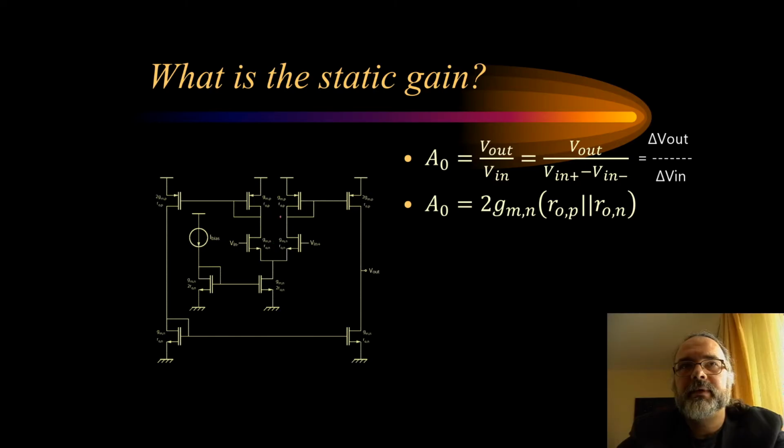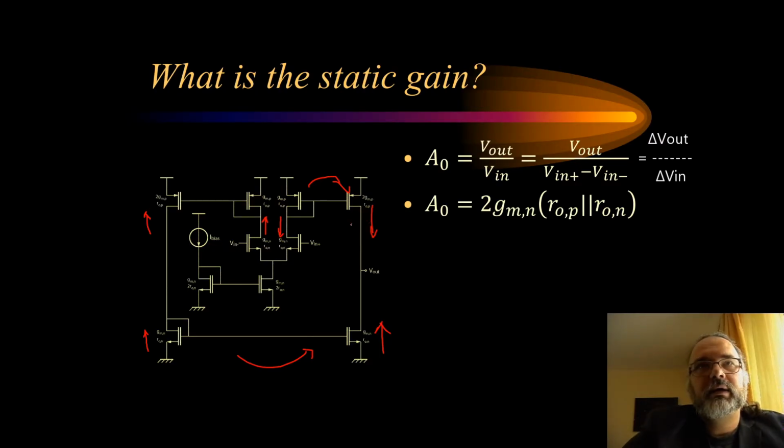Let's recap. This imbalance in the currents is copied to unbalance here. This current is copied here, and this current is simply GM and delta V in, and this current is the same, so the difference of the two currents is 2 times GM delta V in, and it is translated into a change of the output voltage delta V out through the equivalent output resistance at this node.